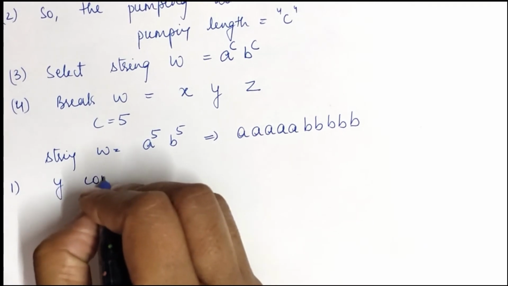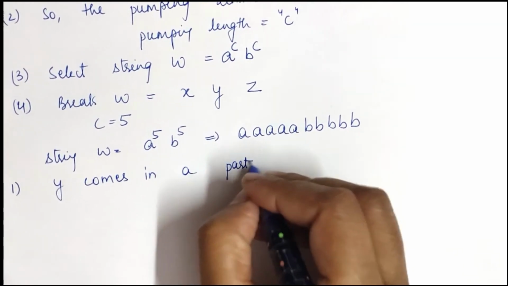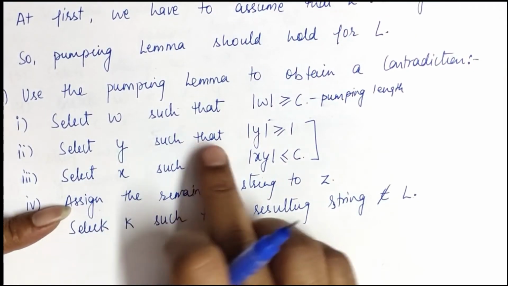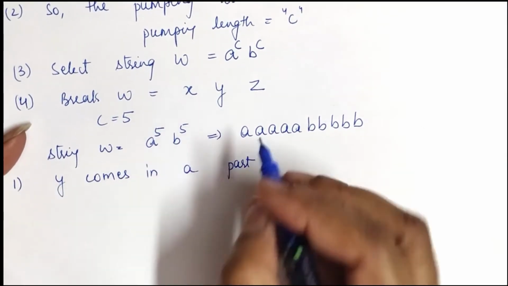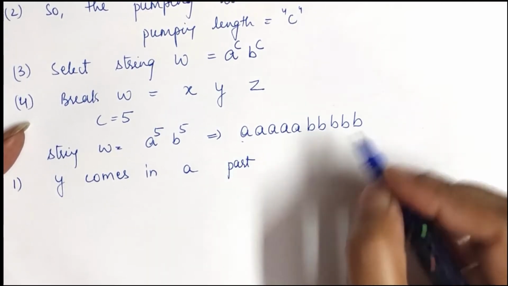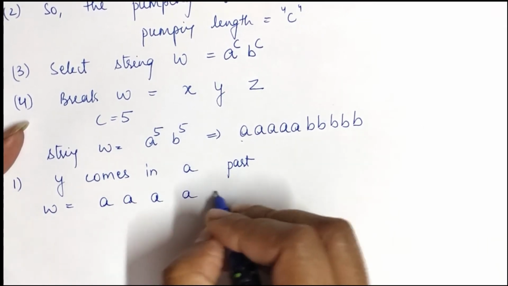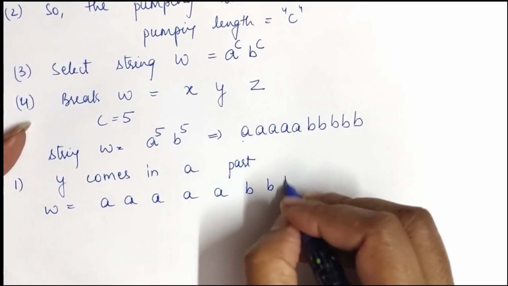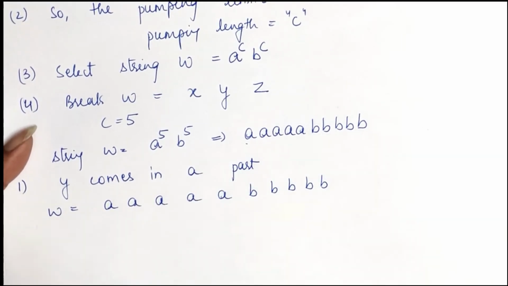We select Y such that the length of Y is greater than or equal to 1. W here is 5 times A, 5 times B, and in this case we assume that Y comes in the A part.